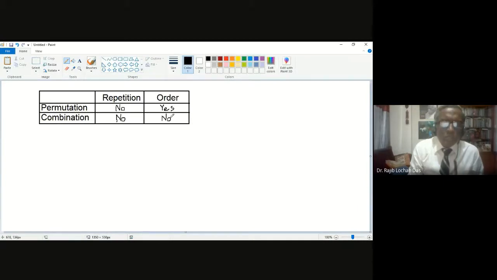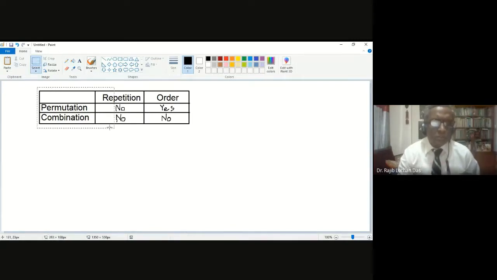Which one is first, which one is second, does not matter. You will just think about the choices. You will just think about how you are taking the items. That's all. So which one first, which one second is not important in combination.